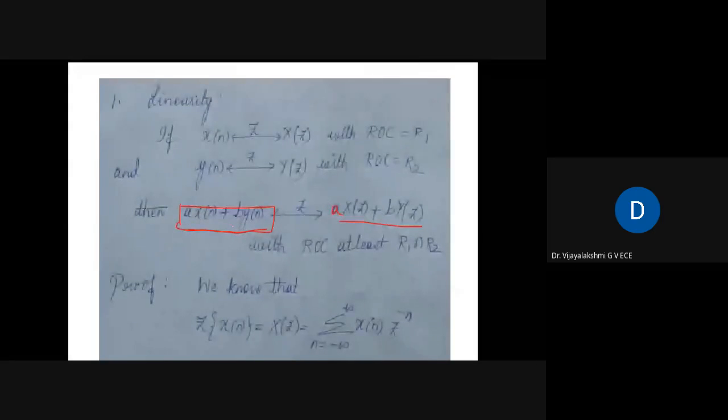So now what I do, I'll take the Z transform of this summation. So Z transform of a into x of n plus b into y of n is equal to what? I am taking the Z transform of this sequence, right? So now I have summation of n varying from minus infinity to plus infinity, a into x of n plus b into y of n, into z power minus n.